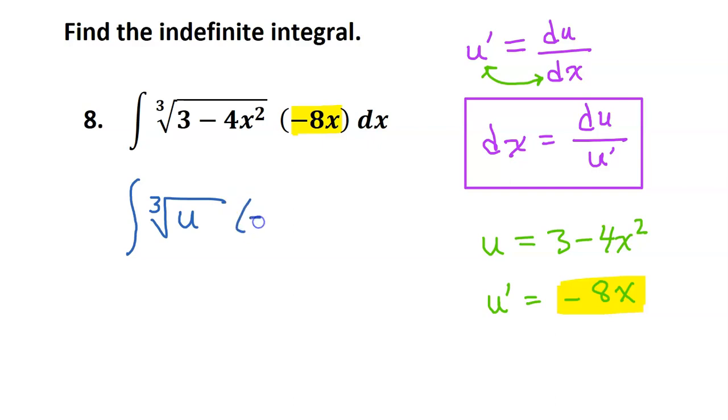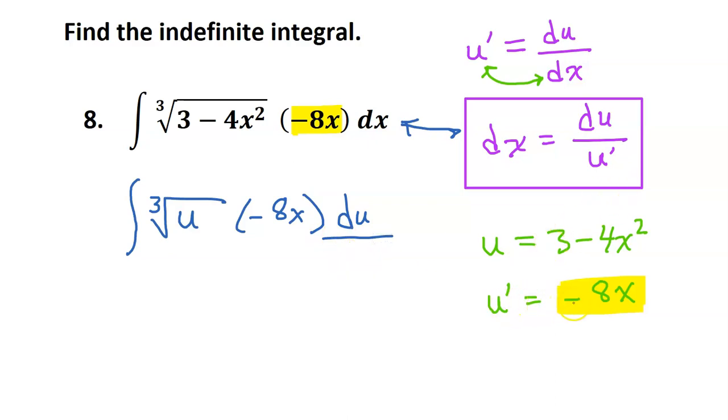Now, for now, we still have this negative 8x sitting here. But what about the dx? We want to replace this with du somehow. And here's where this box comes in. Dx can be rewritten as du over u prime. So I'm going to replace dx with du over u prime.